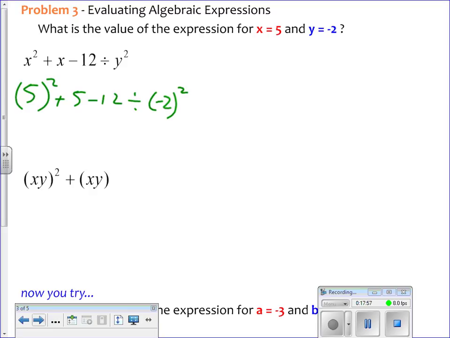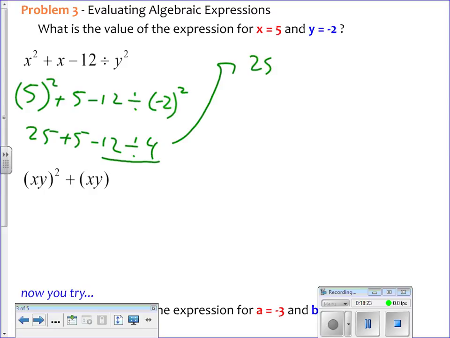Okay. 5 squared is 25. Negative 2 squared. What is negative 2 squared? Positive 4 because it's negative 2 times negative 2. So it's 4. And then the next thing I'm going to do is my division. 12 divided by 4.